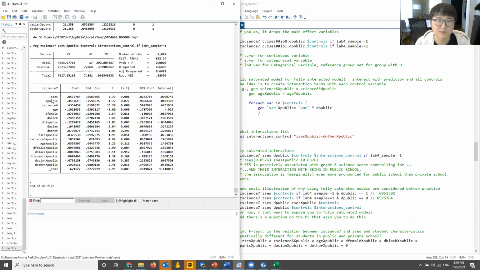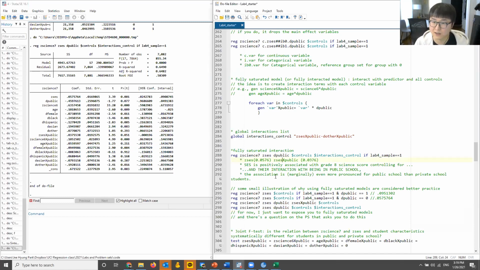The relationship for somebody in private school for SES in science is 0.57, meaning somebody in private school being one standard deviation higher in SES is related to scoring 0.57 standard deviations higher on the science test, controlling for demographic characteristics and their interaction, meaning the interaction of the control variables with being in public school. So everything is the same, except now you're just controlling for more things.